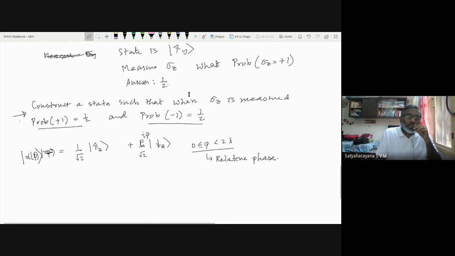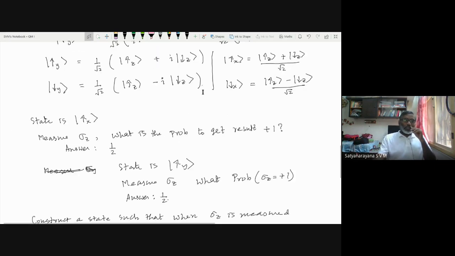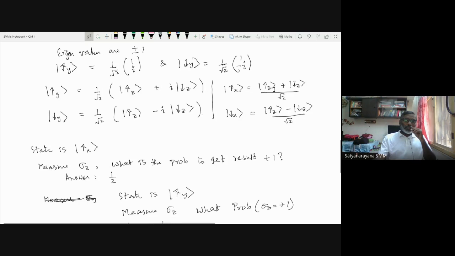Whereas if you say that it is a complex number, then there are infinitely many possibilities, because I could have put phi to be anything here, and that will give you a new state, correct? In quantum mechanics, in this case itself, we have seen that the up x state has to be represented, the up y state has to be represented, and probably you have to represent any other state.